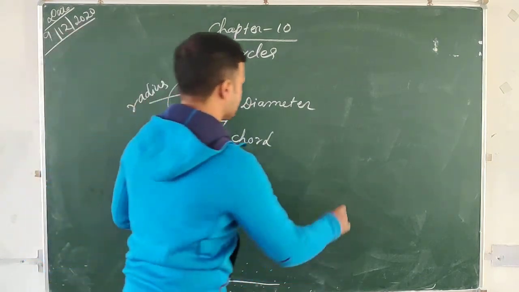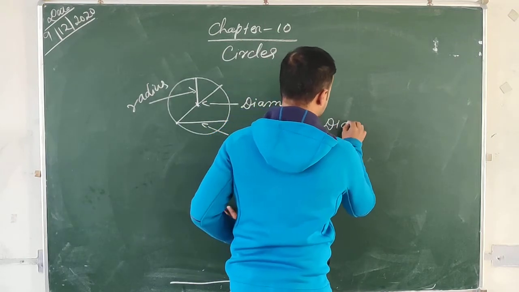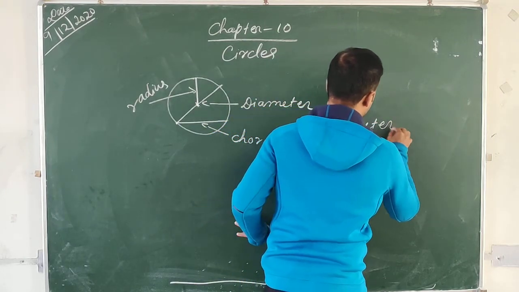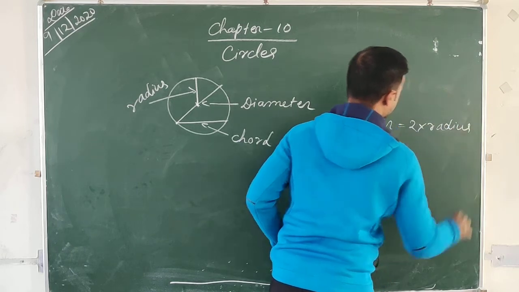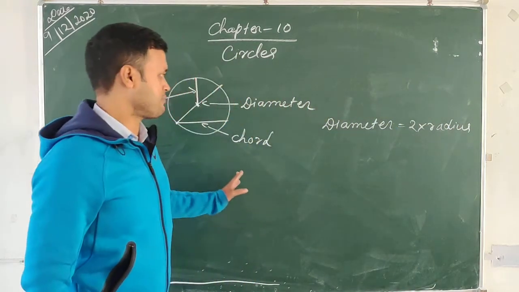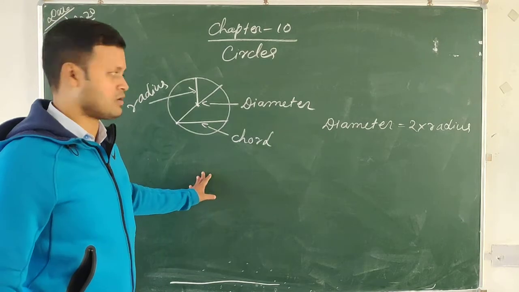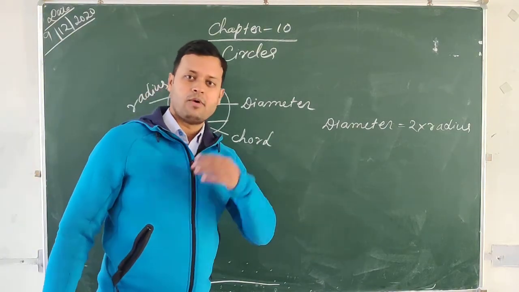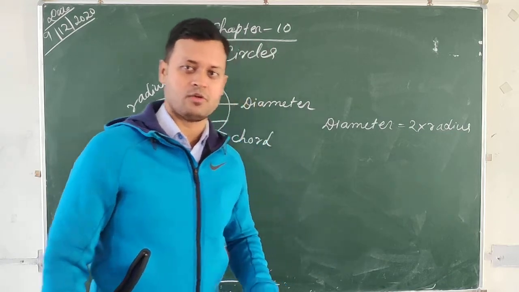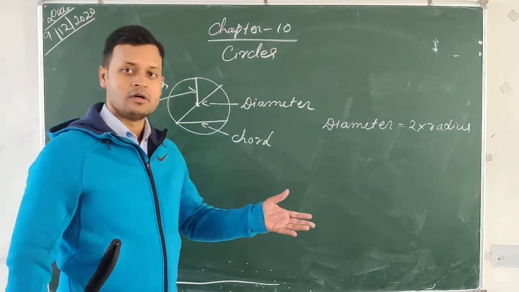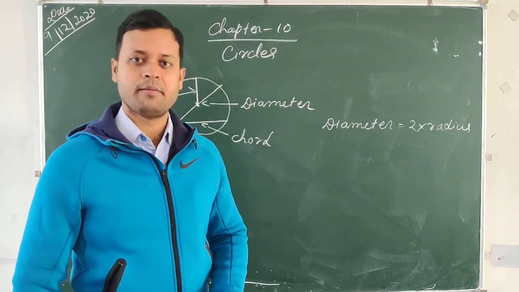And what is the relationship between the diameter and the radius? Diameter is equal to 2 times the radius, isn't it? These are the very basic things that we must remember. I am just trying to recall what we learned in class 9, so that it is easier to understand circles in a better way.